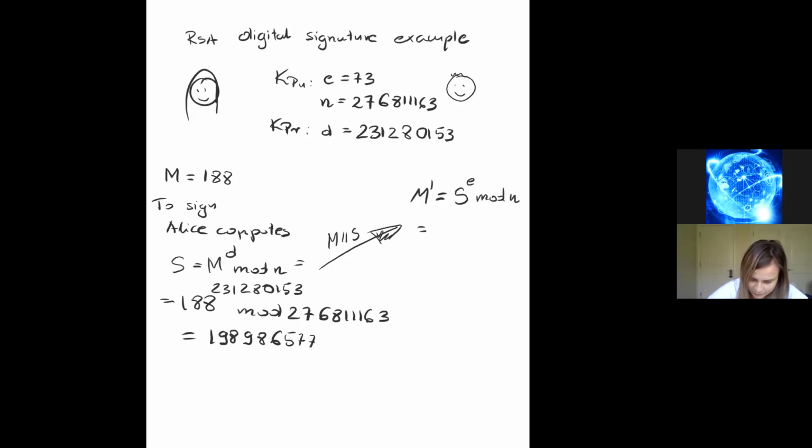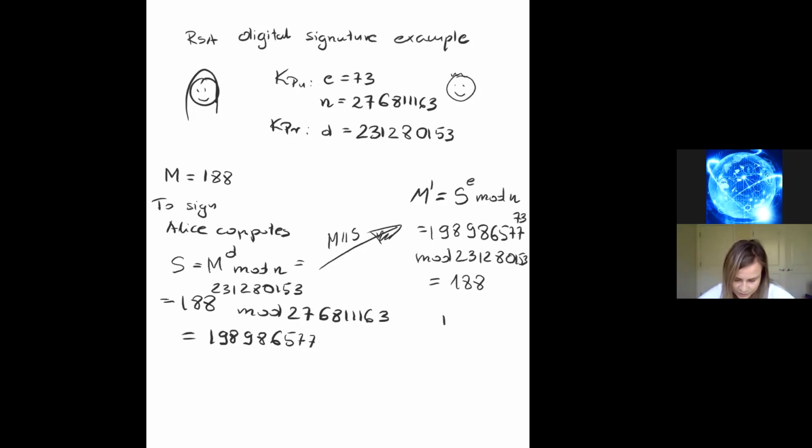So what we have here is 198986577, everything to the power 73 modulo 276811163. Okay, and that gives us 188, so the original message. Now he can compare. So M is exactly the same as M prime, which means that it is Alice who signed this message.